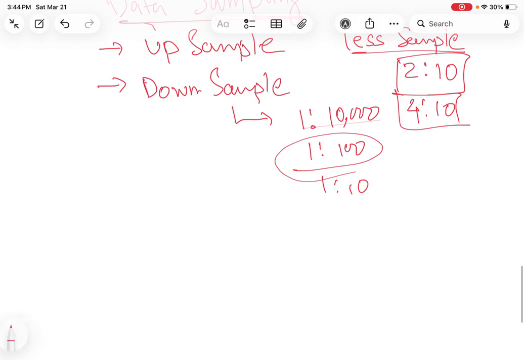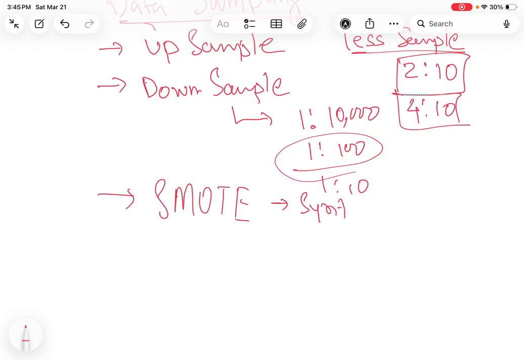Okay. Now the third thing is SMOTE. SMOTE is a synthetic way you generate the sampling. The full form is Synthetic Minority Oversampling Technique.